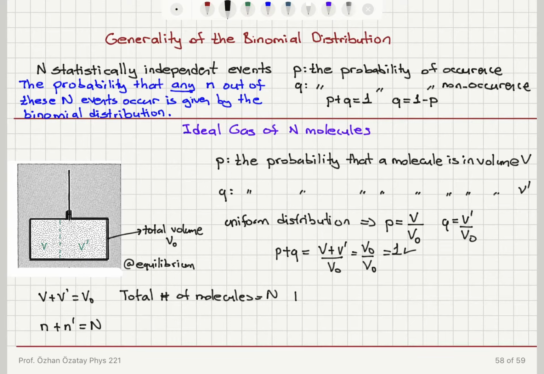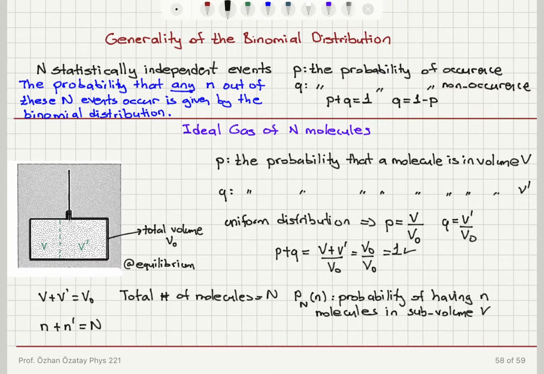Then I ask, what is the probability of having n molecules in the subvolume V? Given that I have capital N molecules, I'm looking for the probability of having n molecules in subvolume V. Well, according to our definition of binomial distribution here, this is exactly the case where the binomial distribution applies.